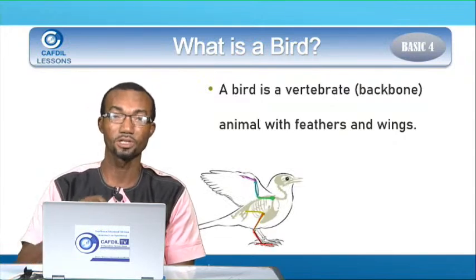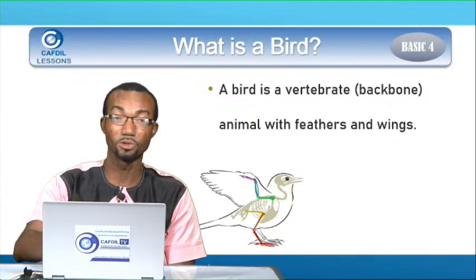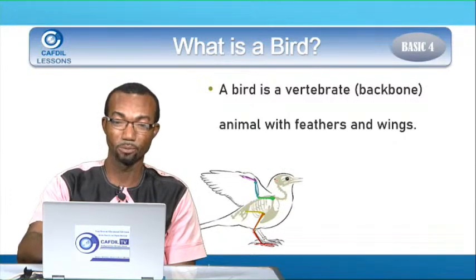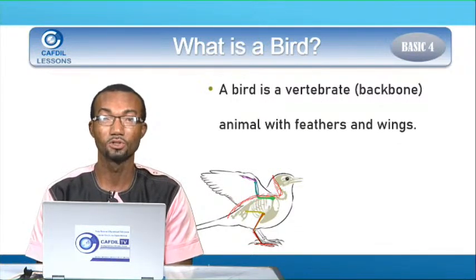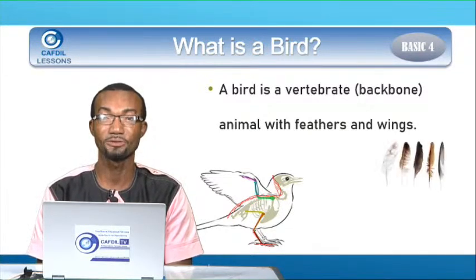So when you look on your screen, you will see the picture of a bird there. And you will see a thin bone here. And that is what we call the backbone. So birds are animals with backbones. And we are also saying that they have feathers.